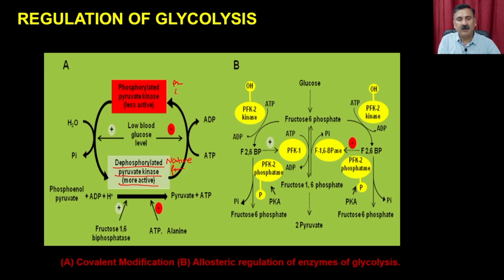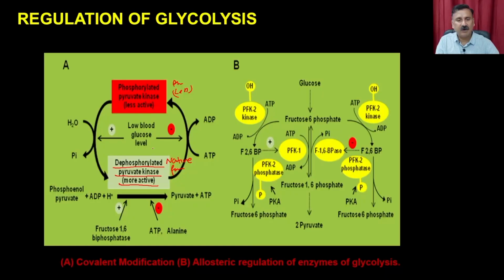When the glucose level is low, the enzyme is going to shuttle between the two forms, phosphorylated or non-phosphorylated, and that's how it is going to control the speed of glycolysis.